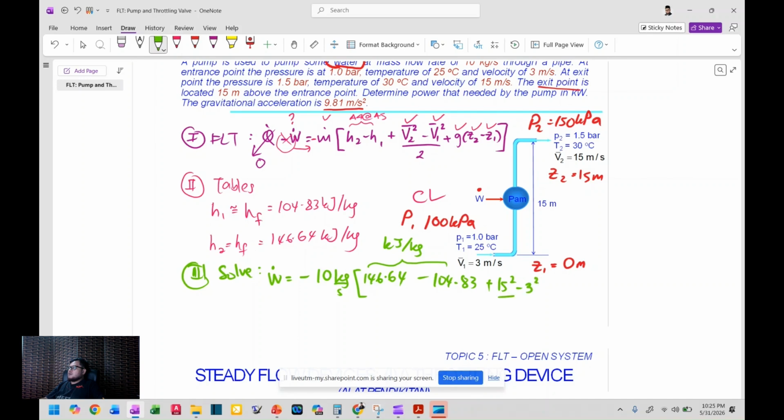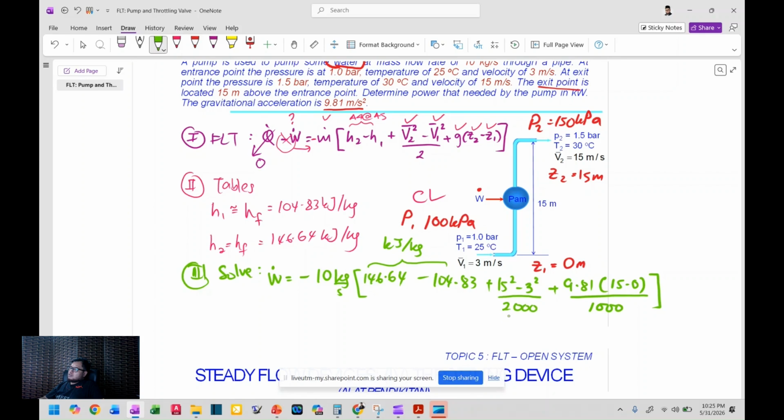You divide by 2000, okay? And then you add on 9.81 times Z2 minus Z1, which is 15 minus 0. All right, so this one you have to divide by 1000, okay? So why 1000? Like I said earlier, the unit conversion would require you to divide it by 1000.